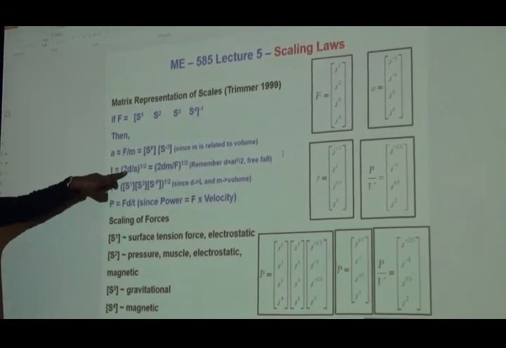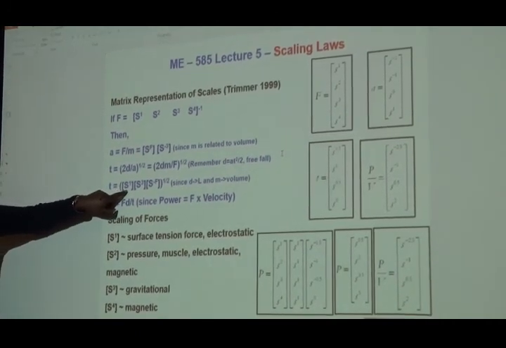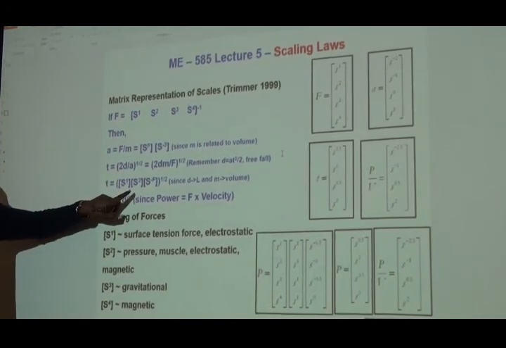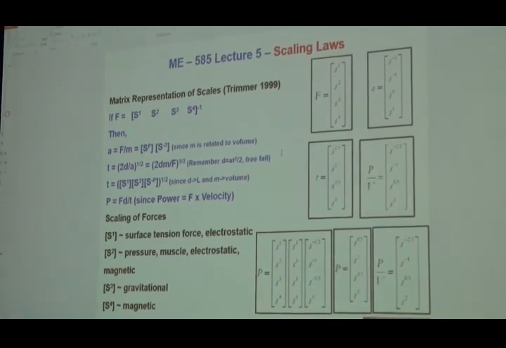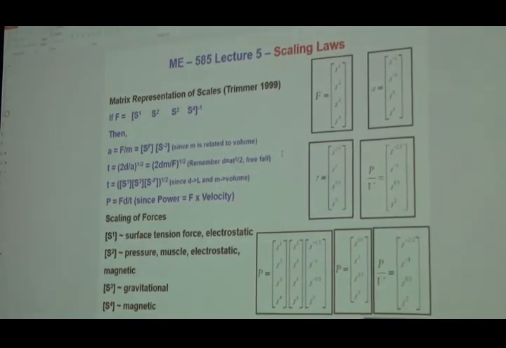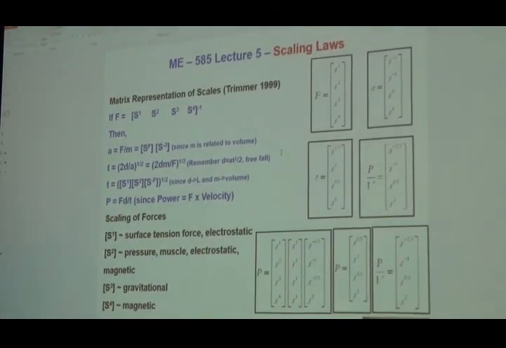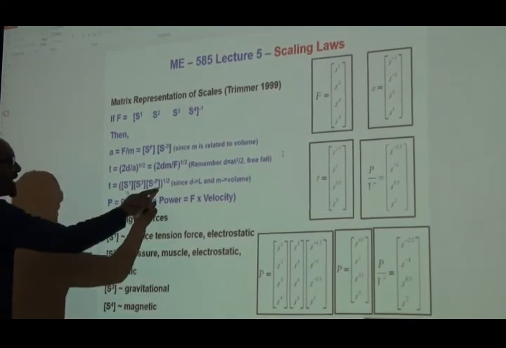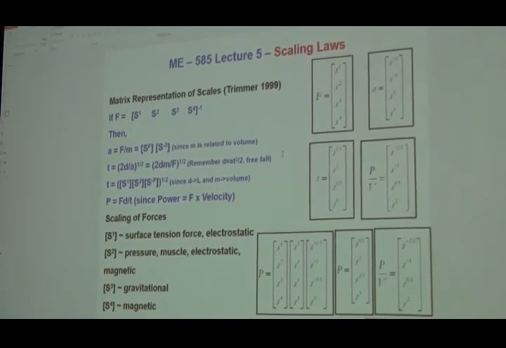Now, d is just a length, therefore the dimension is going to be S to the power 1. Mass we said mass scales with volume, so that's S cubed. So you have S to the power 1 times S cubed, and then we're dividing by F, so it's going to be S^F, but since it's divided, you get S to the power minus F. Okay?